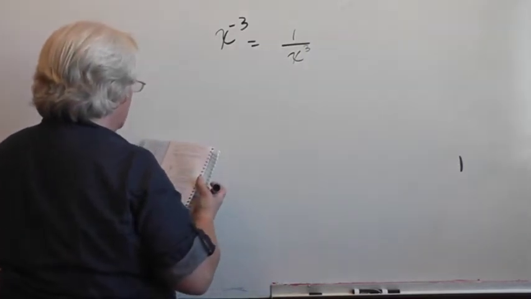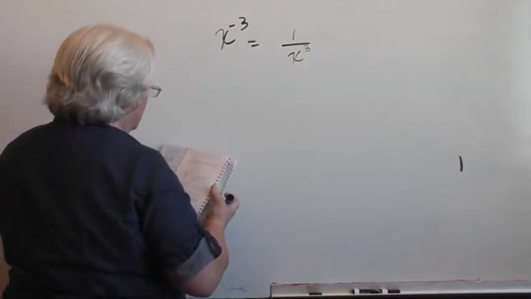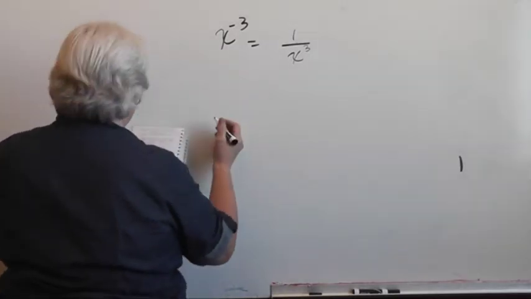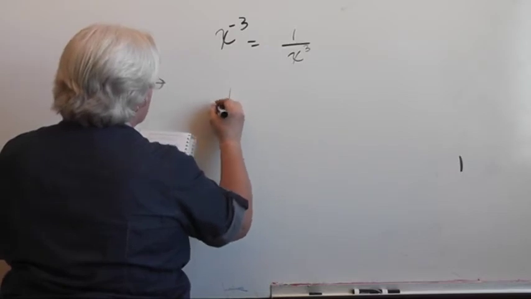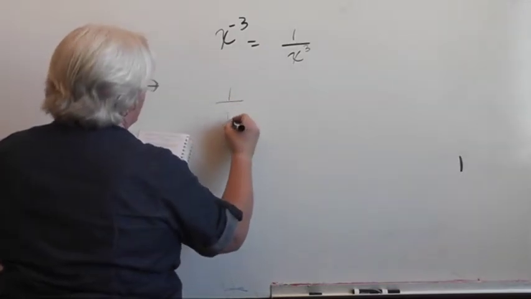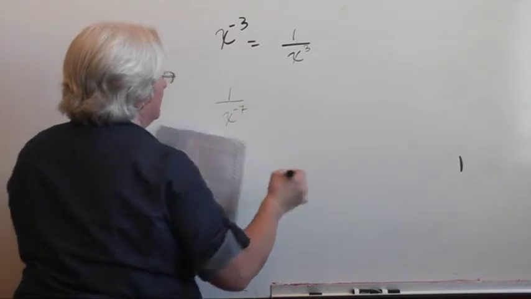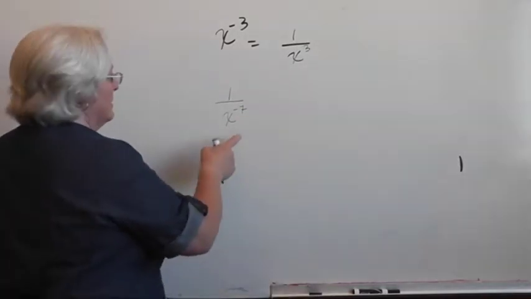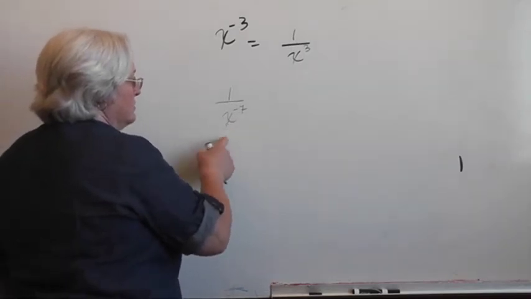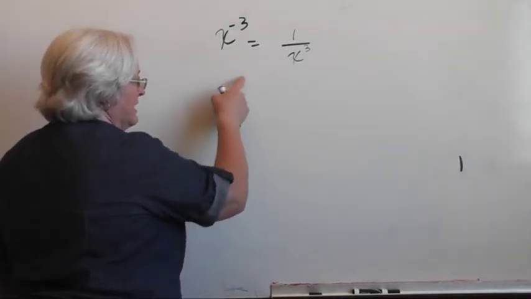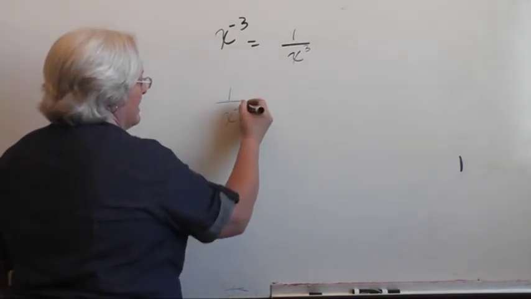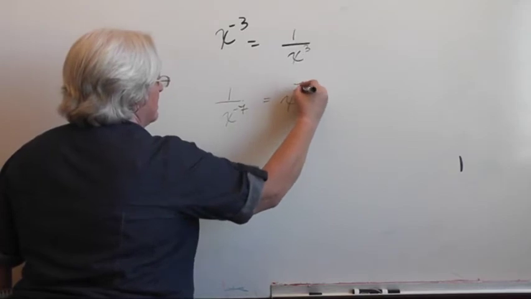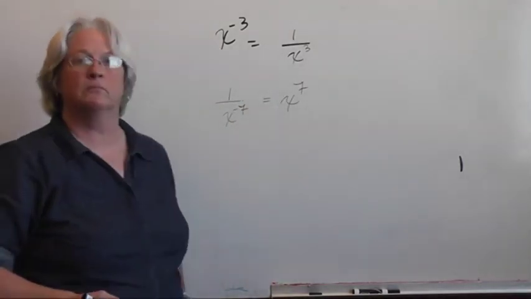Now, I want to know what is the reciprocal of 1 over x to the -7. Now I just showed you one way to do this. I said we're just going to use the reciprocal of this. We already have 1 over x, so that's going to become x to the +7.